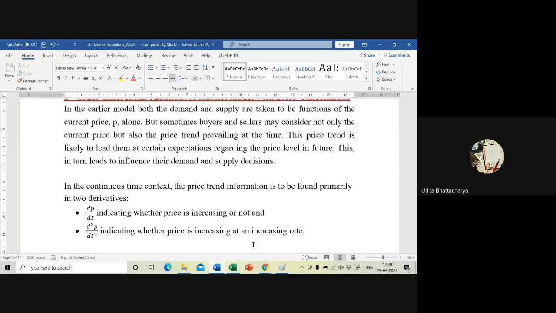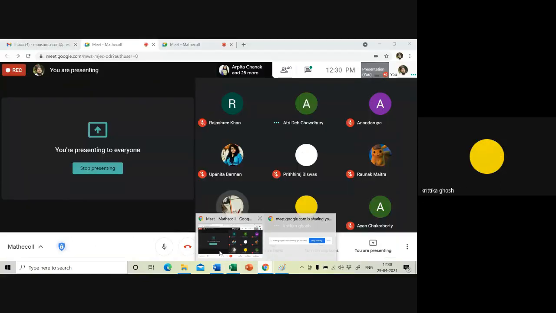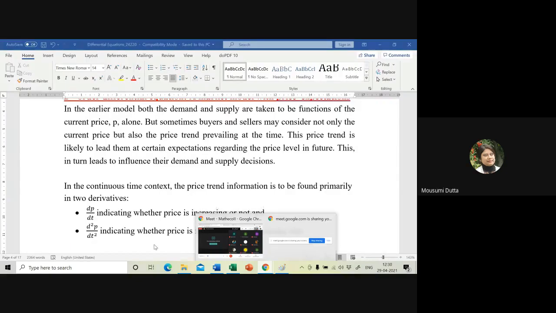Ma'am, can it also be a constant rate? What rate? Constant rate, can d square p by dt square also be constant? Please write in the chat box. Constant rate, okay.